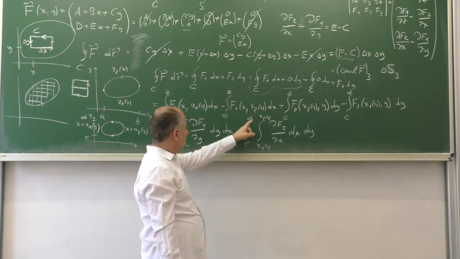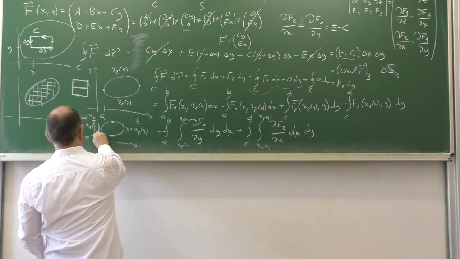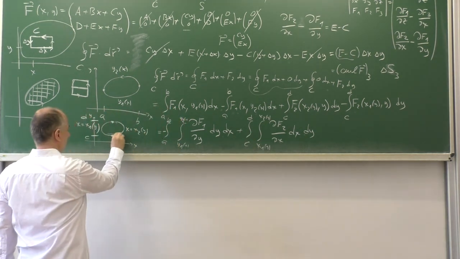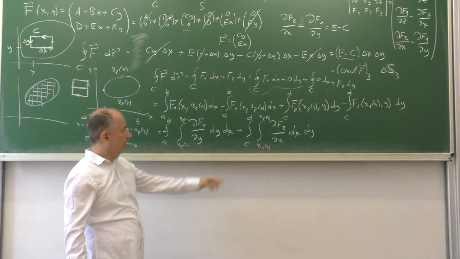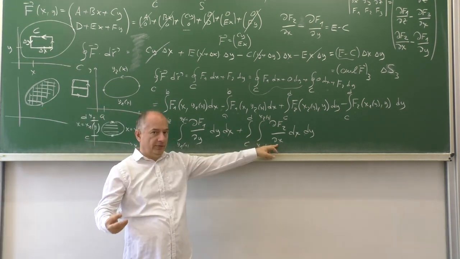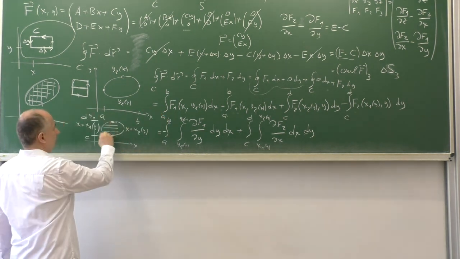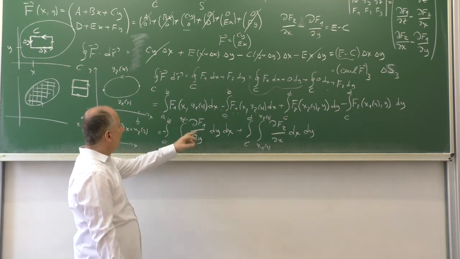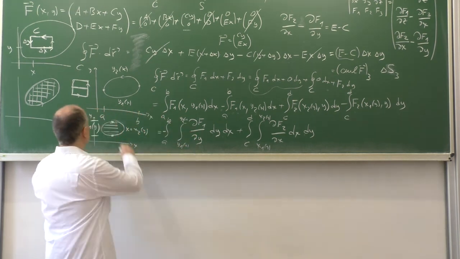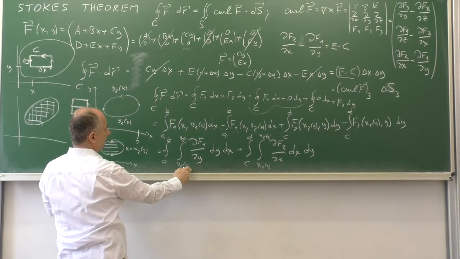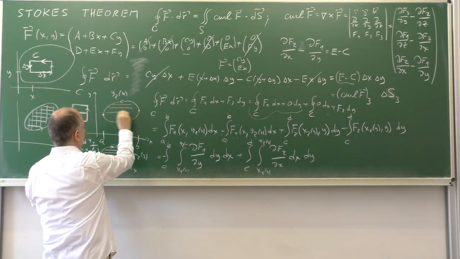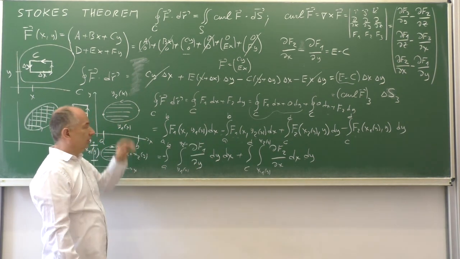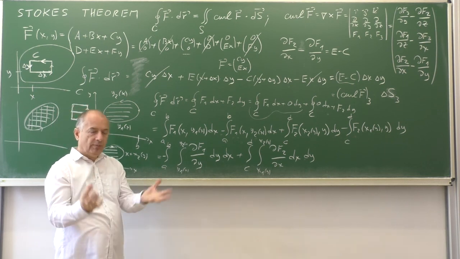But integral from C to D, and then integral from x1 to x2, this is a double integral of some function, integrated over this whole surface. And here, integral from a to b, and integral from y1 to y2, corresponds to integrating this expression over this two-dimensional domain.